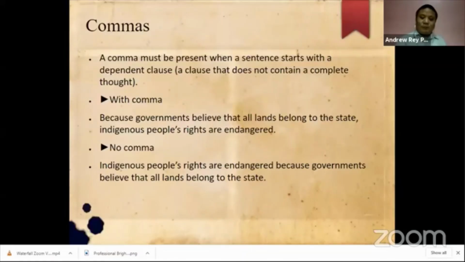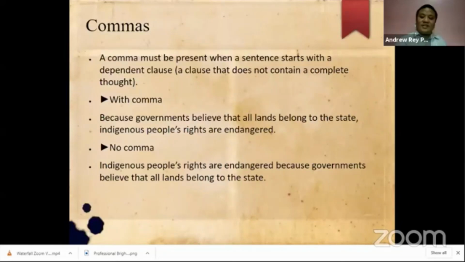Now you need to put a comma after the dependent clause that starts with the word because. But if you start your sentence with an independent clause, you should not put a comma. Here's the example. Indigenous people's rights are endangered because governments believe that all lands belong to the state.